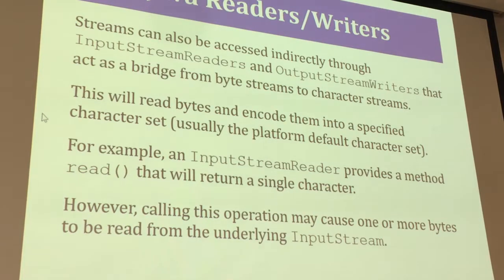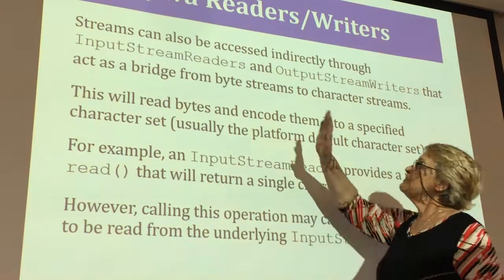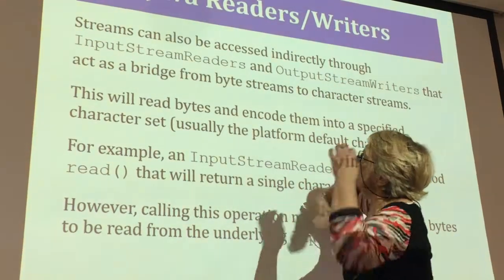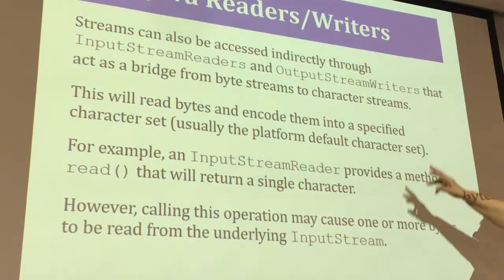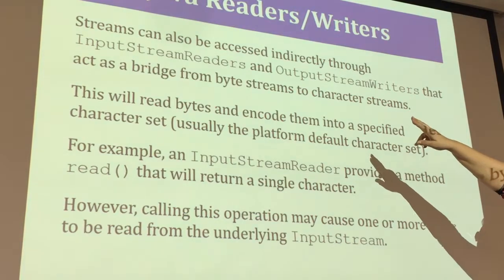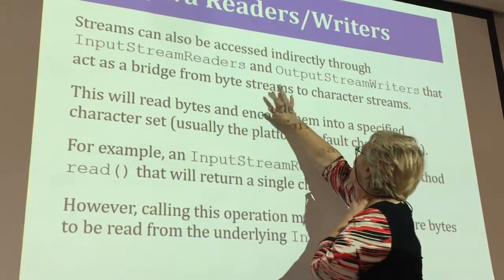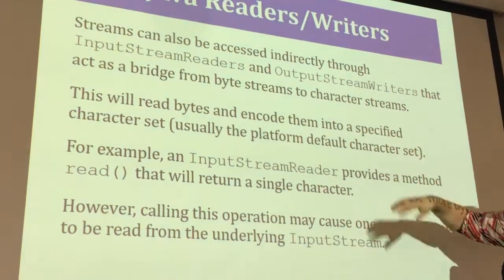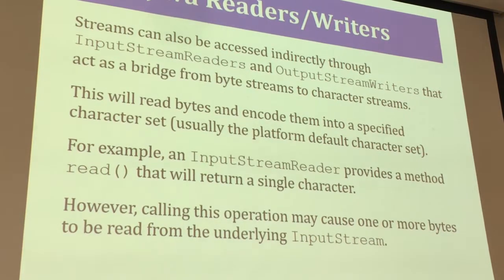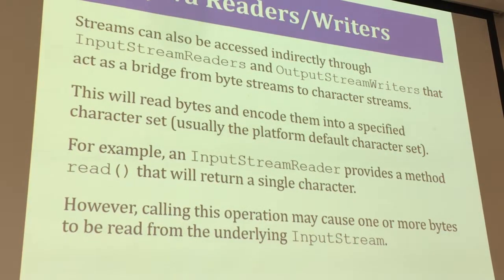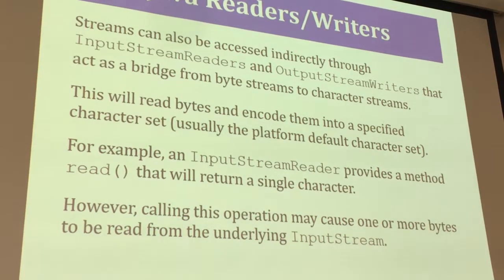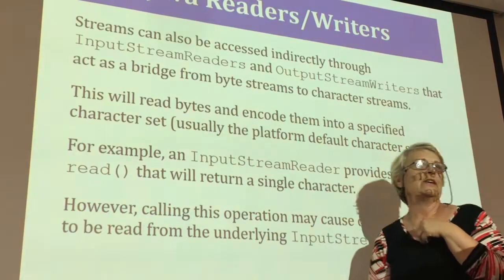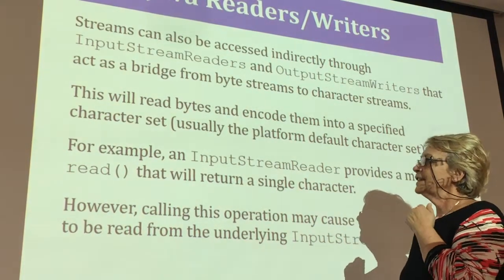And then the third group, input stream readers, output stream readers, which, as you can see, act as a bridge between byte streams and character streams. There is a very complex mechanism to perform input data, as you probably guess.